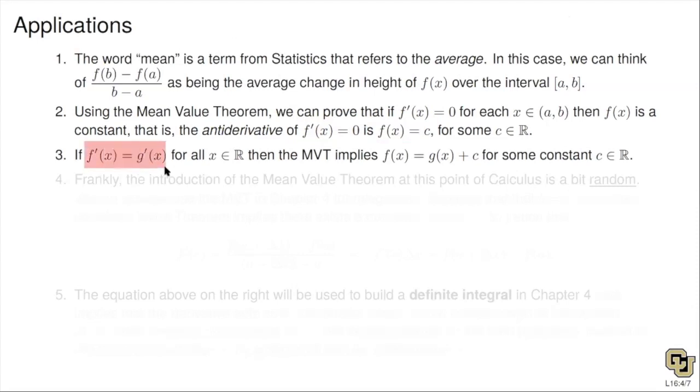If f prime equals g prime for all real numbers, then f of x equals g of x plus c. What you should see here is that we reversed the process. We had an equation involving derivatives, and we went backwards and found the antiderivative, or we undifferentiated it. This is what an integral will do. An integral will undifferentiate something. That's not a word. Don't ever use that word.